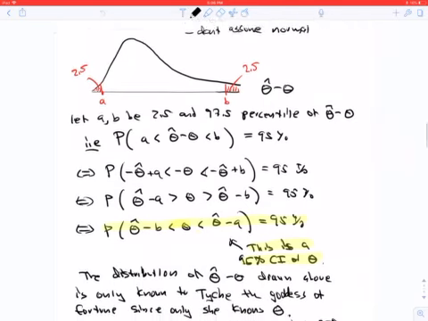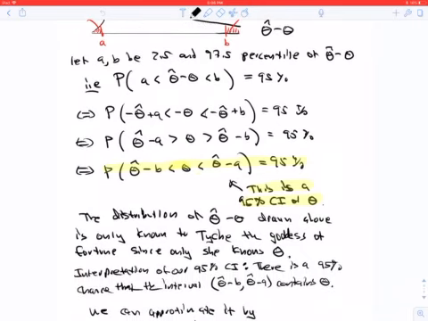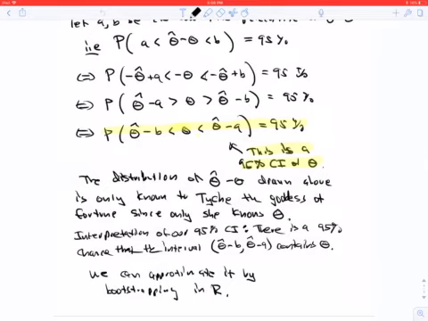So what that means is that the probability that theta hat minus theta is between A and B is 95%. We can rework this with some algebra to write this as the probability that theta is between theta hat minus B and theta hat minus A is 95%. And the interval theta hat minus B, comma theta hat minus A is called a 95% CI of theta.